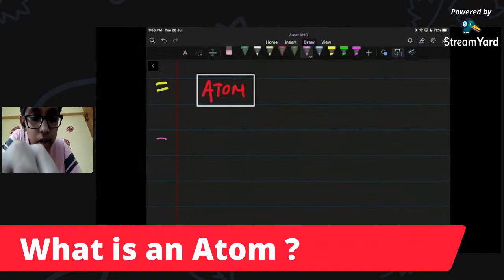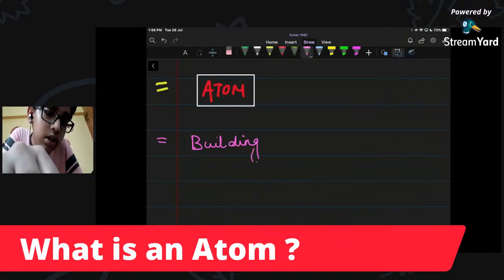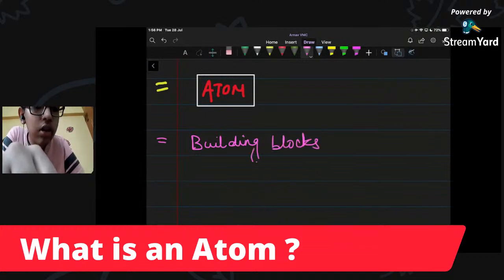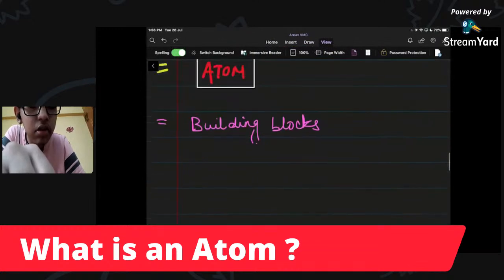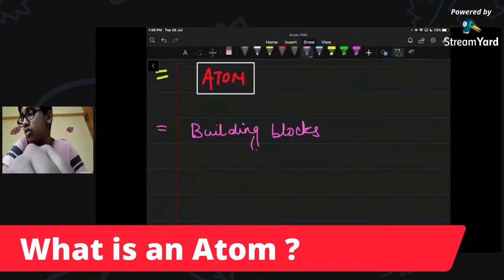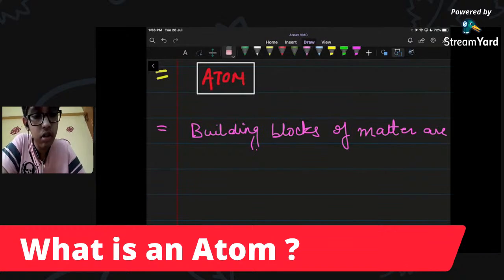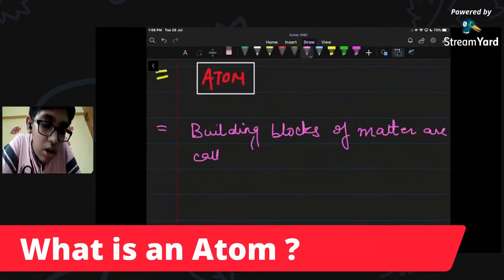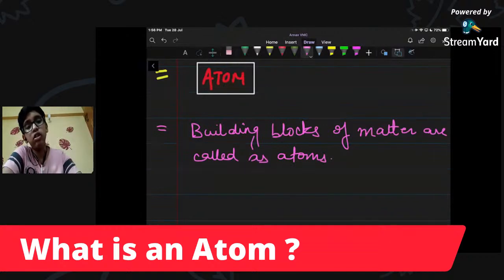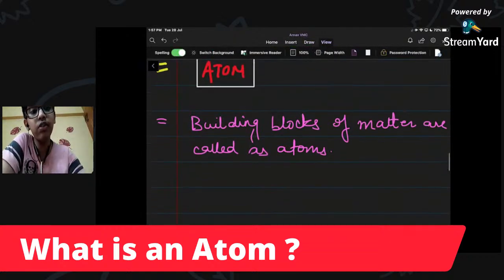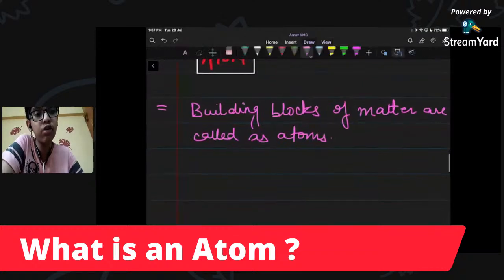I will write it: building blocks of matter are called as atoms. This was also a very important point.